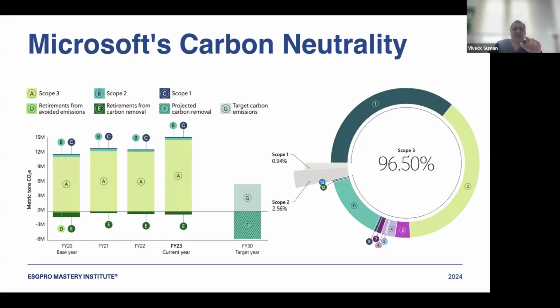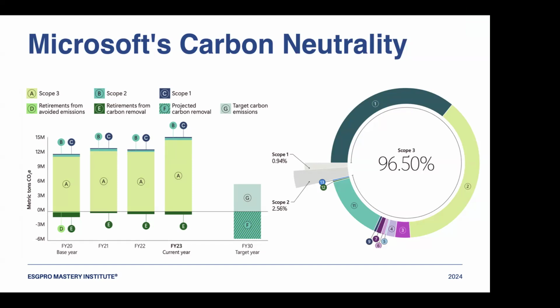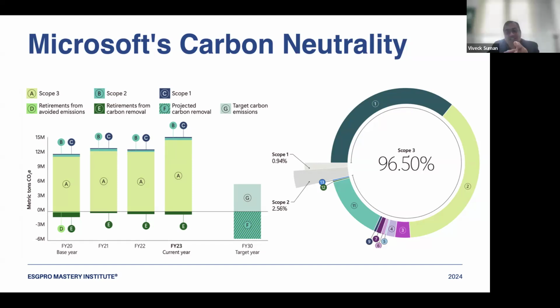But here I am repeating a word again and again. Anybody has noticed what was that word which I repeated for scope 2 thrice in my discussion? Yes, Rajni ji, go ahead. You were saying the purchase of electricity. Purchase. Purchase is that word. So wherever you see purchased electricity, purchased refrigeration, purchased steam, purchased gas, that purchase becomes a key definition for scope 2.